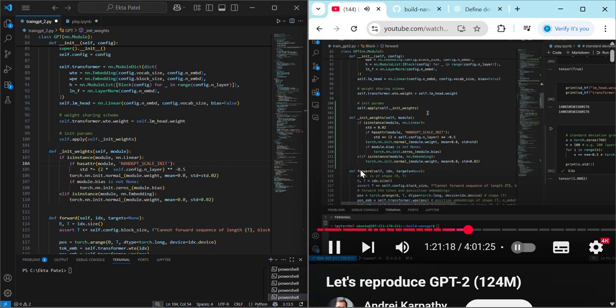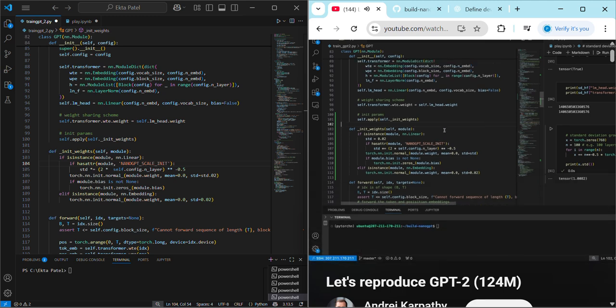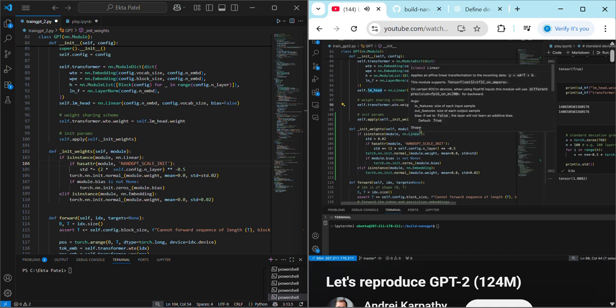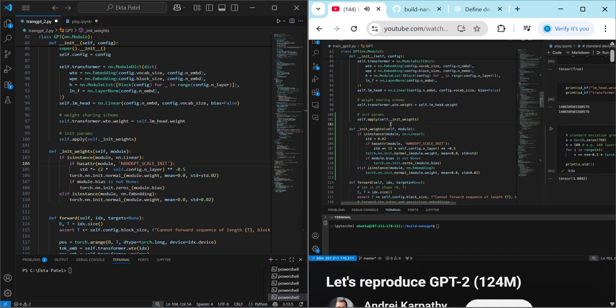The other thing to mention is that what's slightly awkward, but we're not going to fix it, is that because we are weight sharing the WTE and the LM head, in this iteration over all submodules, we're going to actually come around to that tensor twice. So we're going to first initialize it as an embedding with 0.02, and then we're going to come back around to it again in a linear and initialize it again using 0.02.